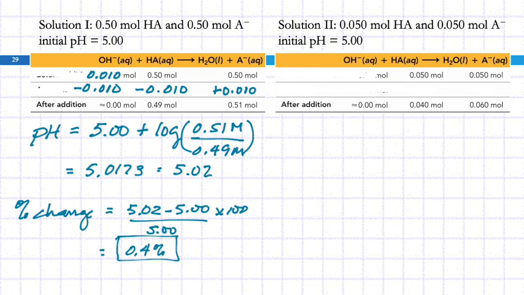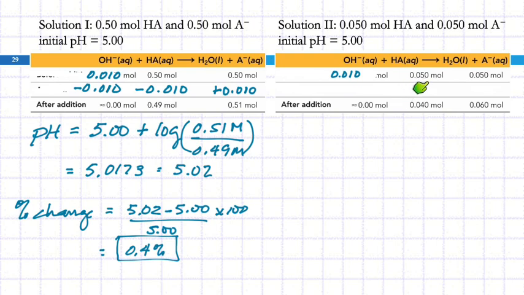Let's look at solution 2. Again, we're adding the same amount of hydroxide, 0.01 moles. And this is still smaller than the acid concentration. This acid concentration is 10 times smaller, right?